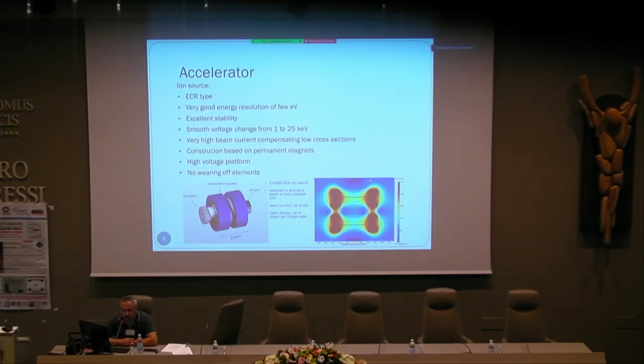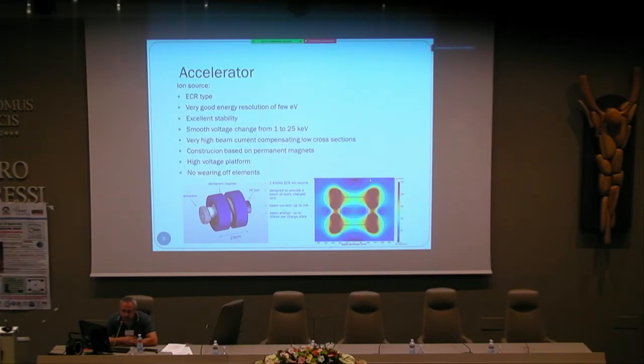And we can get very high current, which we need to balance the time of our experiment, because going down to very low energies, we need to compensate with the current.